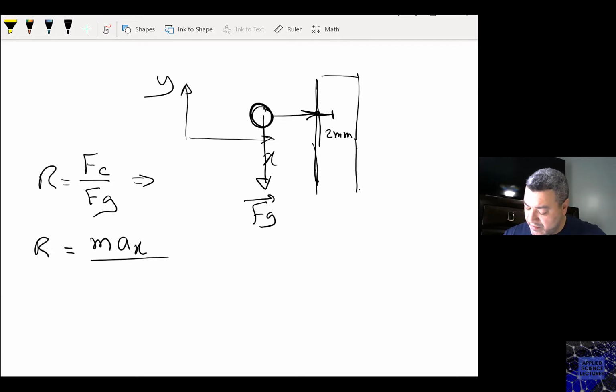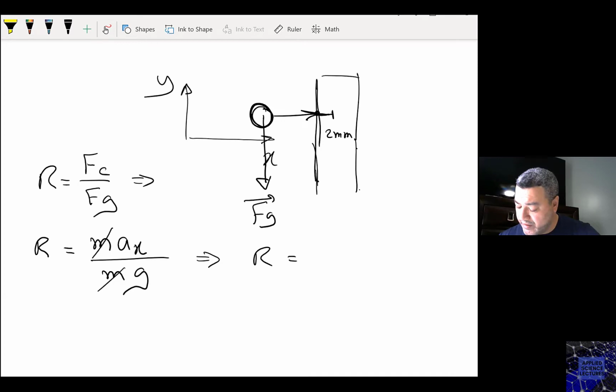Fg is also mass, however, times the gravity. In this case, the mass is going to cancel, and you are only going to end up with the ratio between the acceleration that you found.